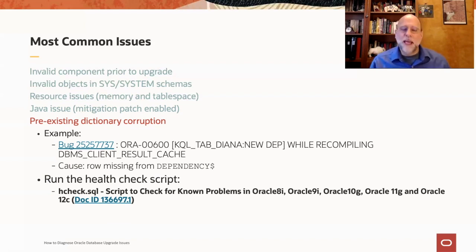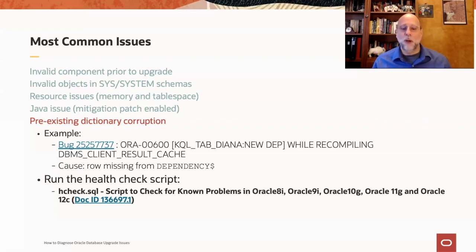There are other things like that that could occur, and many things that we've found in customer databases over the many, many years that have occurred, and we don't always know why or when they occurred. We just know that they're there and that there's something we can fix. So I reference a bug, for example, that was caused by such a dictionary corruption. This happens to be a bug that is accessible in My Oracle Support.